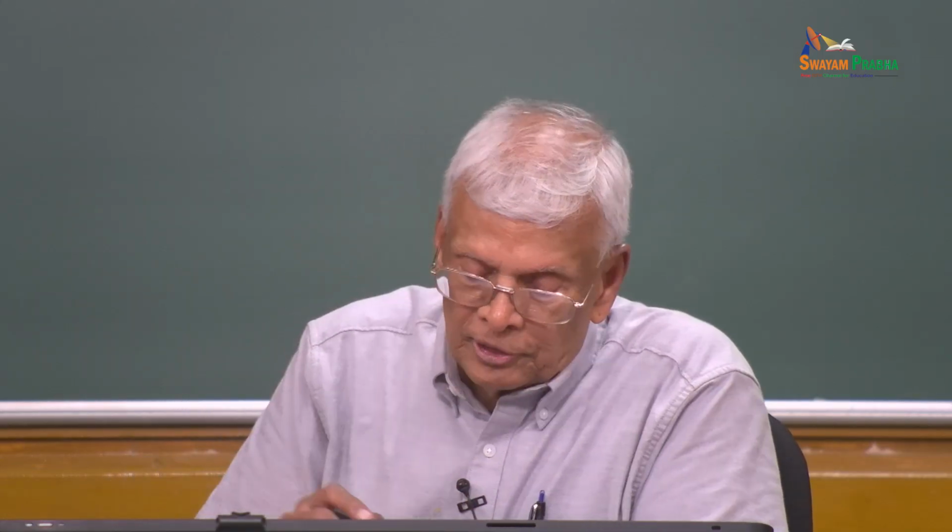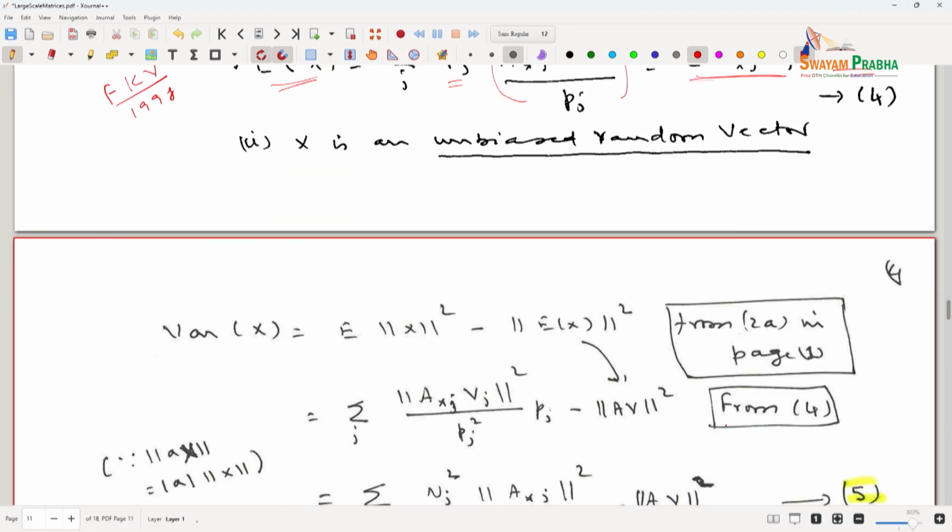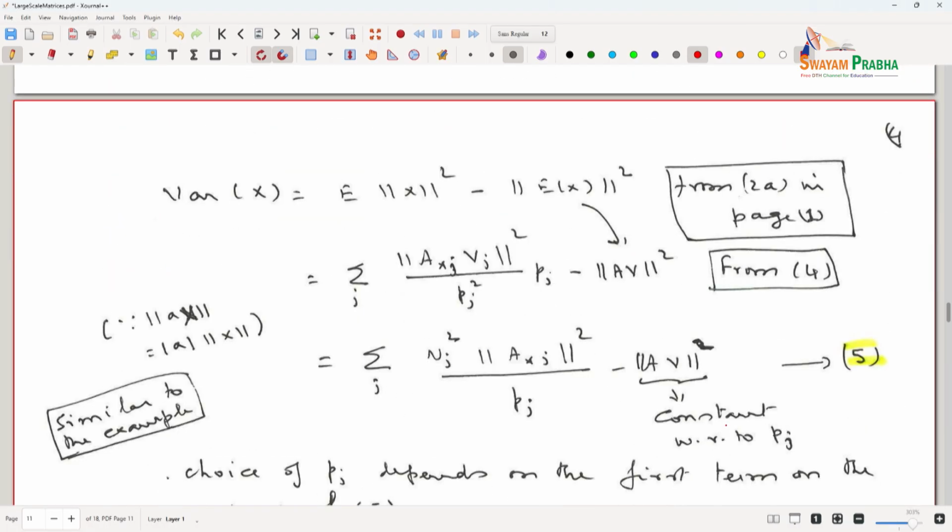So this essentially tells you x is an unbiased random vector. What is the variance of x? I have already told you how to compute the variance of x, which is given by this formula from expression 2a in page 1 of this module, which when you substitute the individual value, this is one term, this is another term.